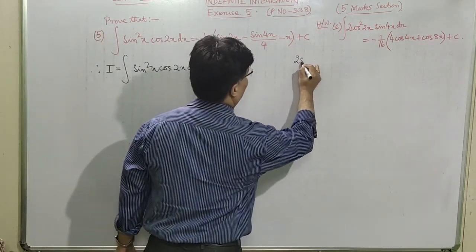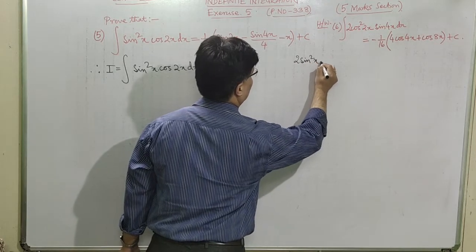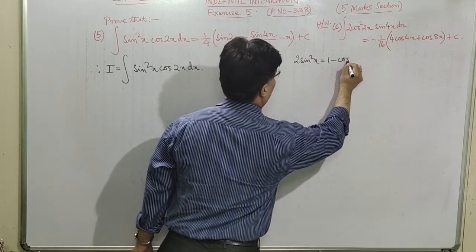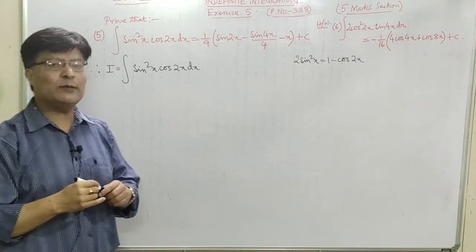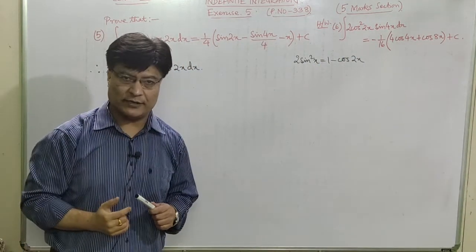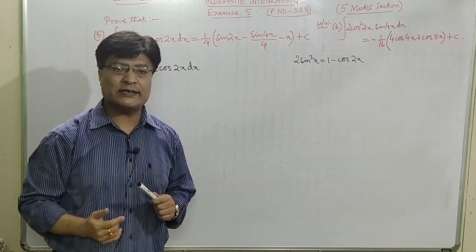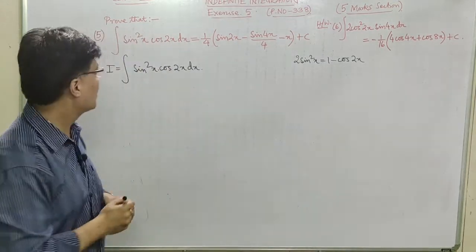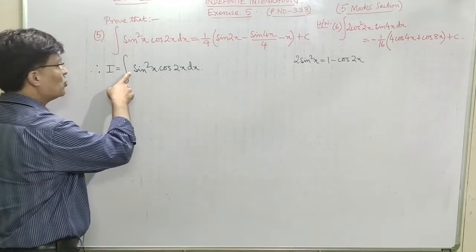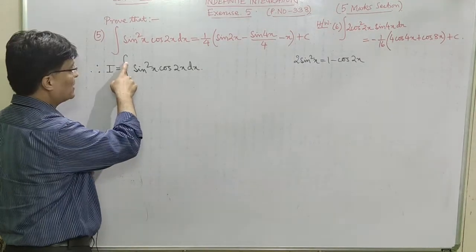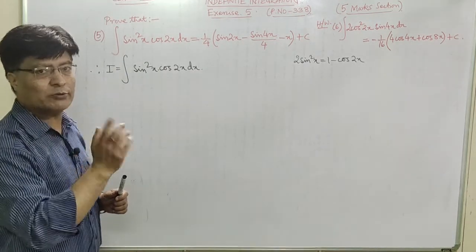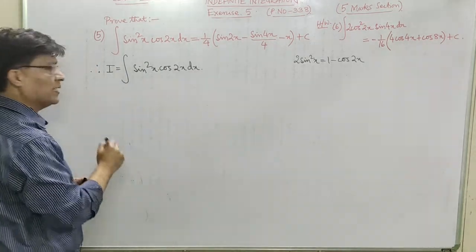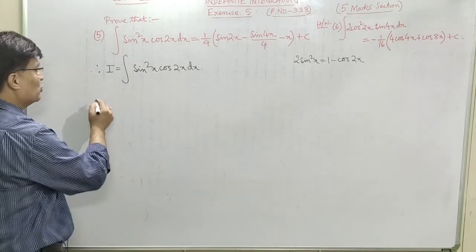What is the formula for 2 sin²x? 2 sin²x is equal to 1 minus cos 2x. If you use this formula, it will be easier for you to simplify and integrate them. In this case there is no 2 here, so you have to write half before the integration sign. So let us multiply and divide by 2.